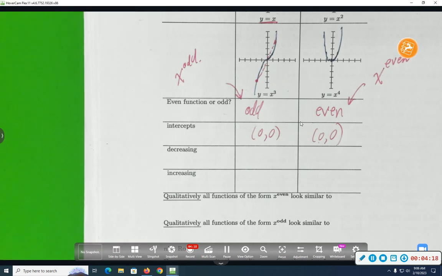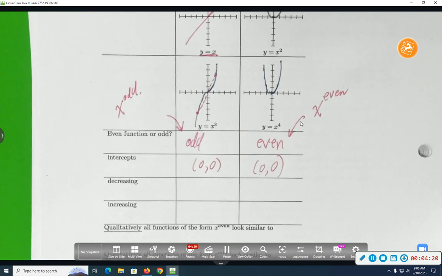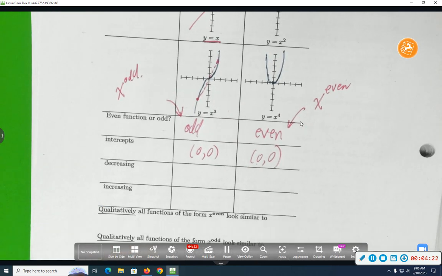All right, so another set of words we know are increasing and decreasing. So let's look at the odd power functions, x cubed, x to the 5th, x to the 7th. Where are those functions increasing? Well, let's just see.